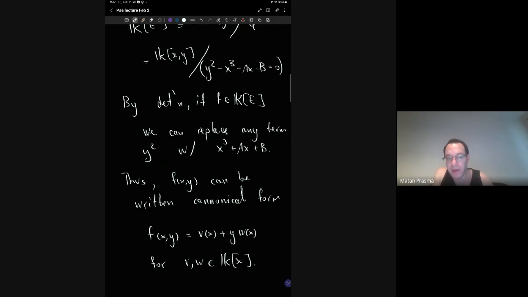Potentially, I have a term y that I cannot replace. I mean, if I had a square root, I would be able to replace y with the square root of x cubed plus ax plus b, but in general, I don't have it, so I keep it as is. And I get that f(x,y) is equal in k of E, right? This equality is in k of E, not an equality of general polynomials in two variables, but in k of E, I can write f(x,y) like this.